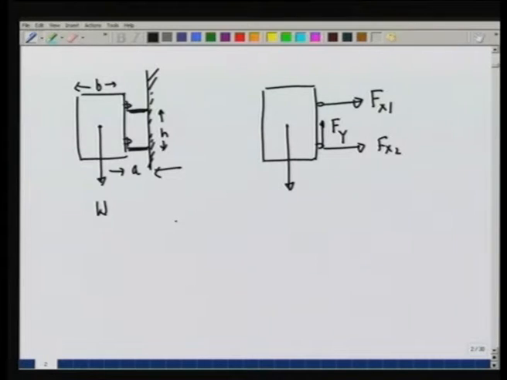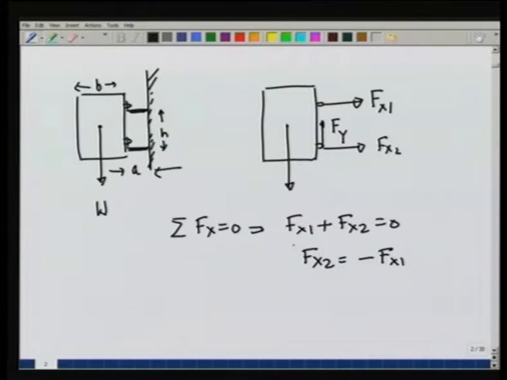Then the equilibrium condition that summation F x is 0 gives me F x 1 plus F x 2 is equal to 0, or F x 2 is equal to minus F x 1.